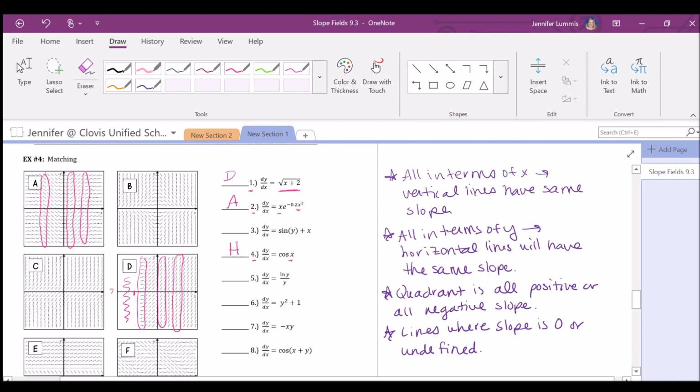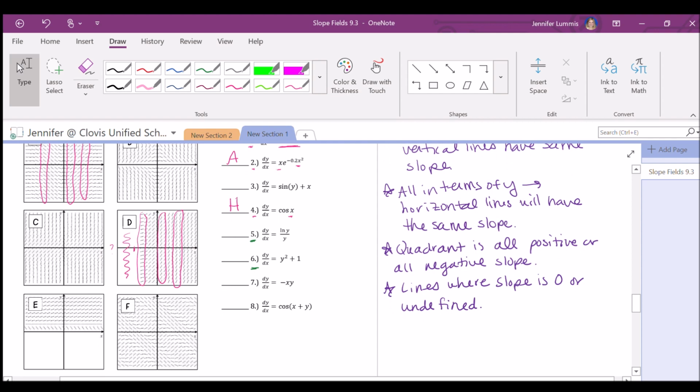Okay, so maybe now we'll start looking at the ones that are in terms of y. So only in terms of y, number 5, number 6. So just two graphs. So this means that all the horizontal lines will have the same slope. So I can see that here on graph C, right?